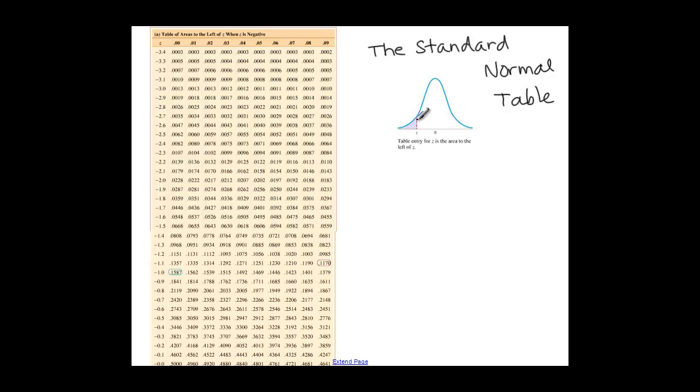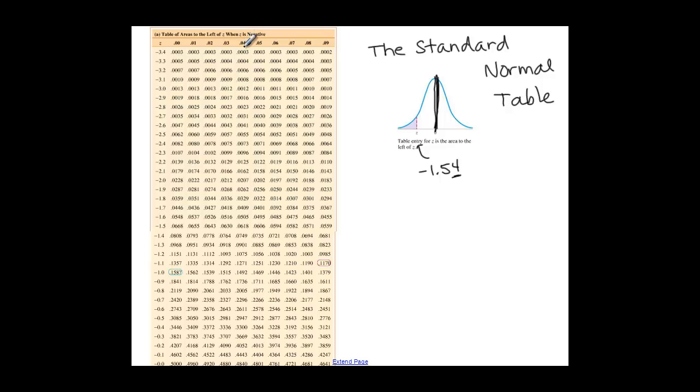So if the z-score is negative, which in this picture you can see it would be since the mean is here, then I would look on this chart at whatever z-score this was. Let's pretend that this was a negative 1.54 as the z-score. This would be the area to the left of the z-score under the curve. I'd look for a z-score of negative 1.5, and then to go further in decimal places, we would go to the top of the table.